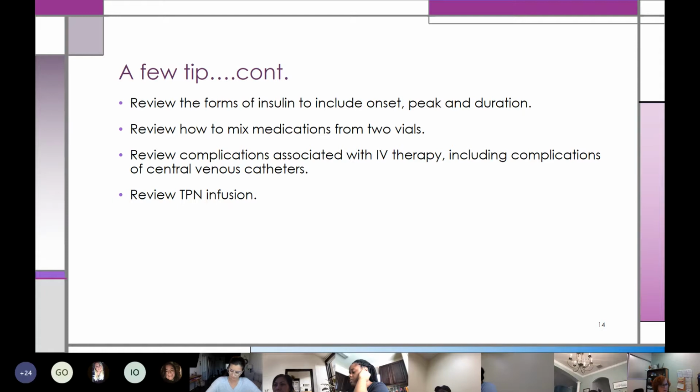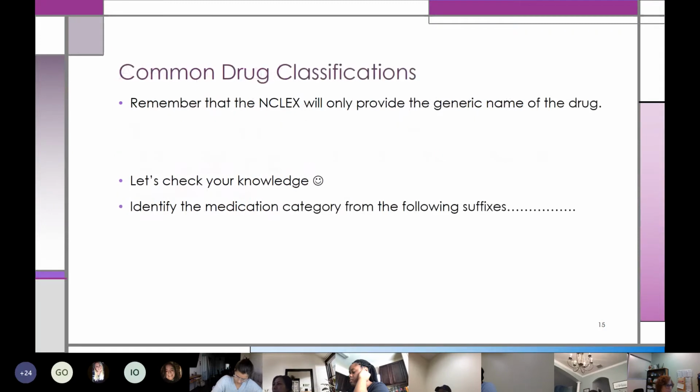Also, I recommend that you glance through the complications with IV therapy and venous catheters, like phlebitis, if you don't remember some of those things. Remember again that NCLEX will not give us the trade name at this point.